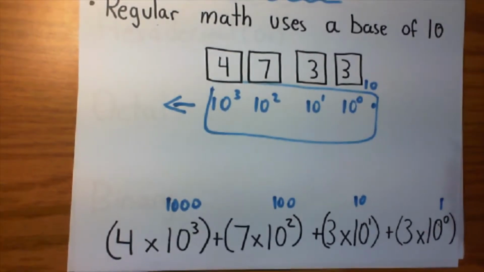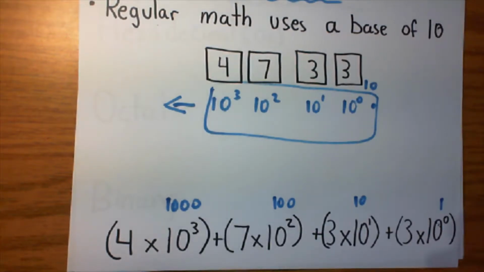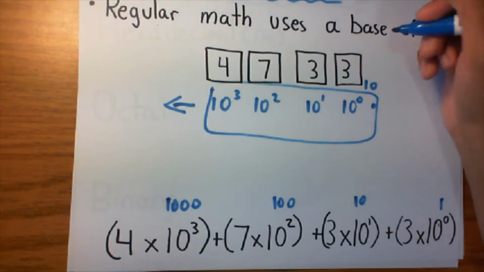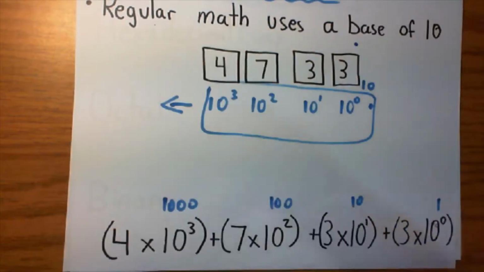So this is sort of the basis of how these different number systems work. Because you have a base of 10, every single digit as you move further up along the line starts with that base to the zeroth, then the first, second, third, and so on.